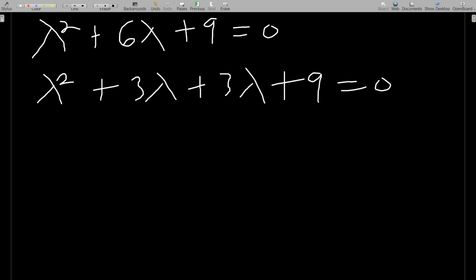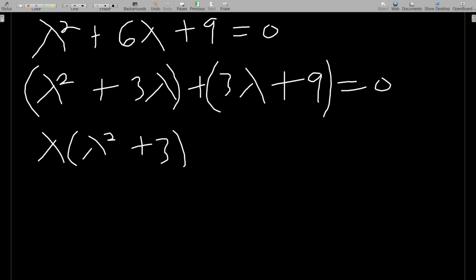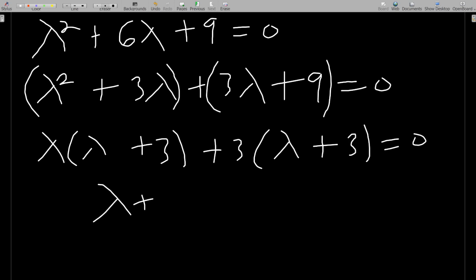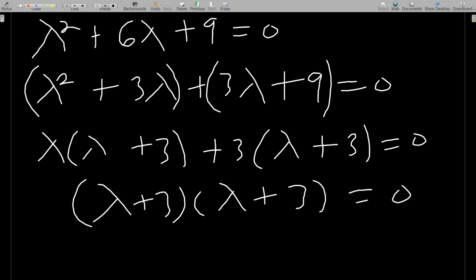Factor lambda out from the first bracket, I have lambda squared plus 3 lambda, and factor 3 out from the second, I have lambda plus 3 equals 0. So lambda plus 3 is equal to 0.